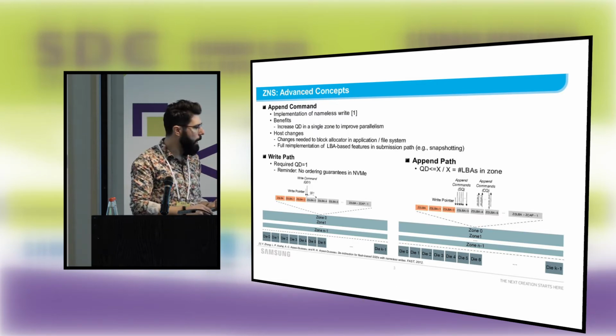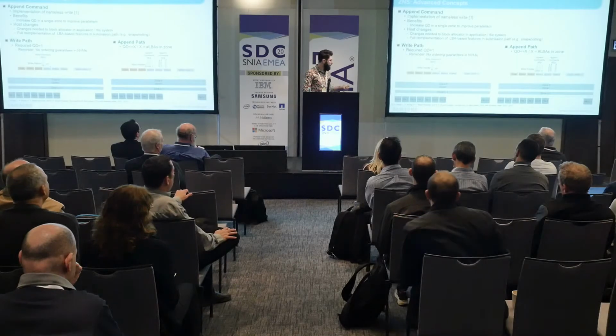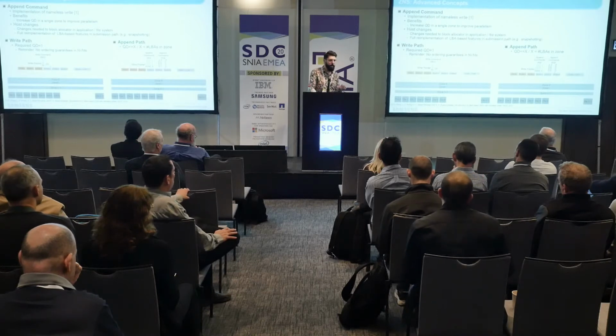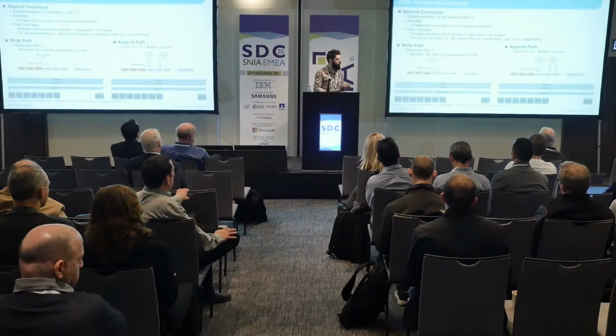If you're familiar, there was a paper from UCSD on nameless writes. That is basically, you send a write that is anonymous, and then the device puts the LBA on the write and returns it back. So the append command is a specific implementation of this nameless write scheme.